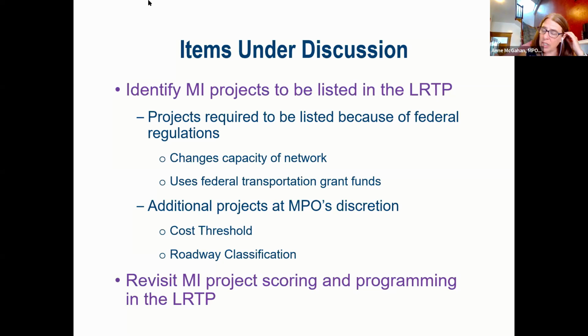Because what if the project increased in cost? Or what if there was a lot of public input that we didn't know about when we programmed it in the plan that now is an issue? So we want to come back and re-look at the project, and then the MPO would reconsider whether it's still meeting the goals, whether it's meeting the funding policies or the funding goals. So that's the one issue.